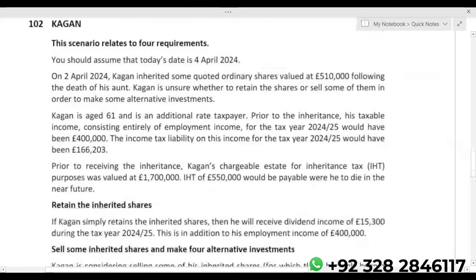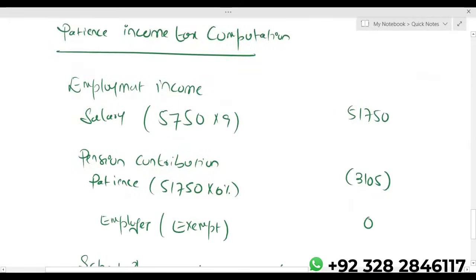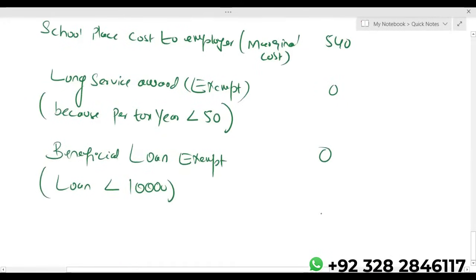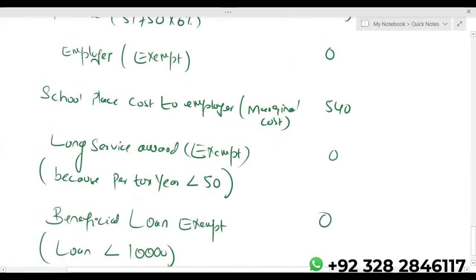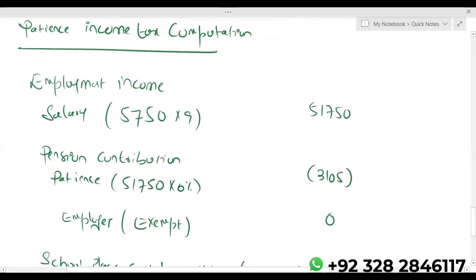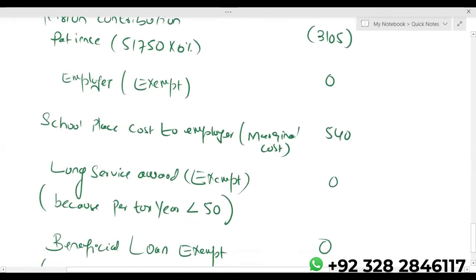So employment income we have already calculated. Here comes the total of employment income: 51,750 minus 3,105 plus 540.